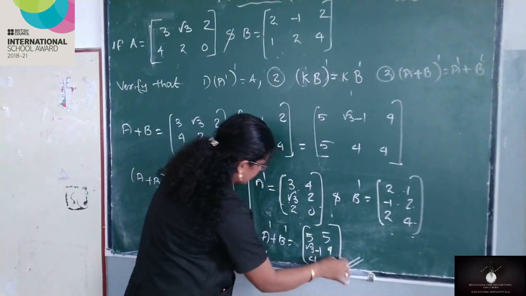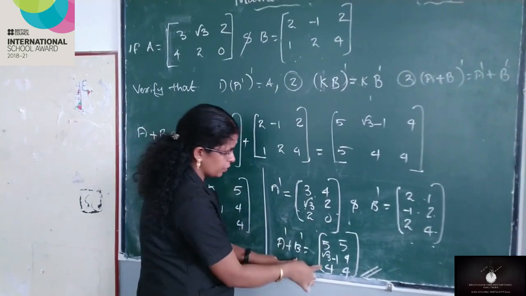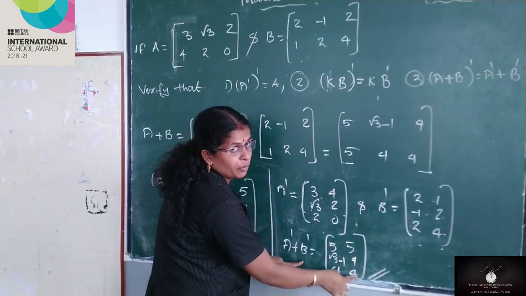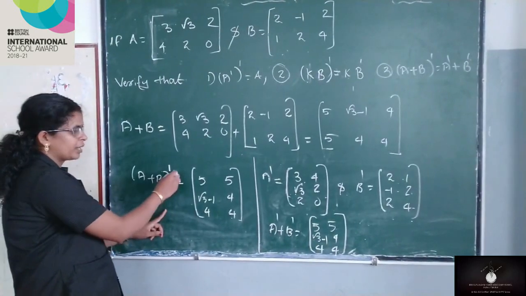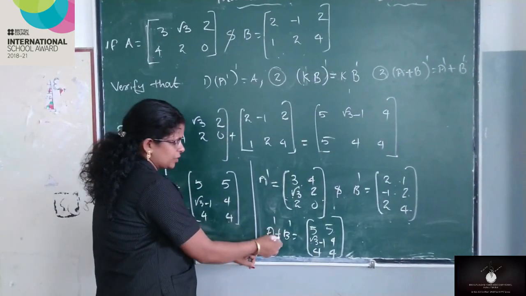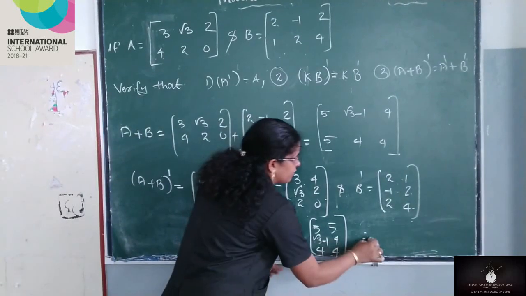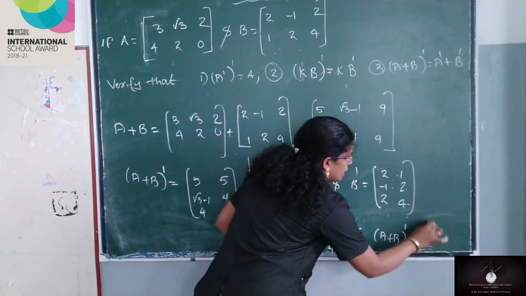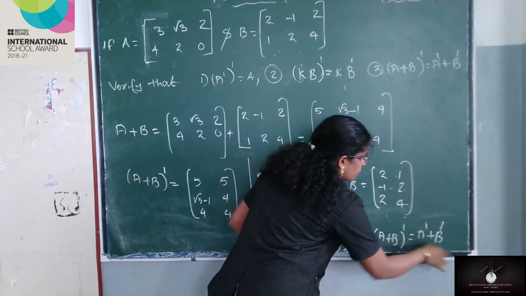Okay, so A transpose plus B transpose equal to matrix 5 5, root 3 minus 1 4, and 4 4. So here A plus B whole transpose equal to A transpose plus B transpose. Therefore we will write A plus B whole transpose equal to A transpose plus B transpose.